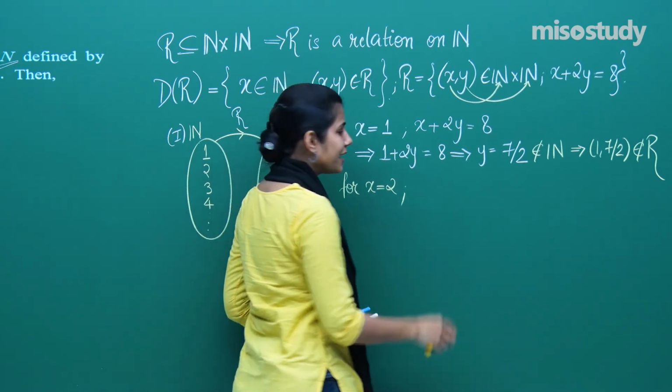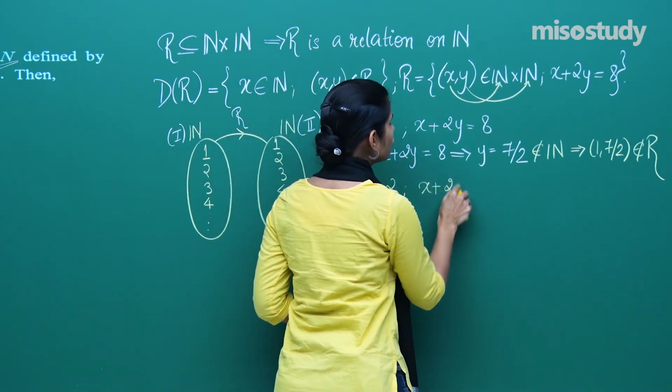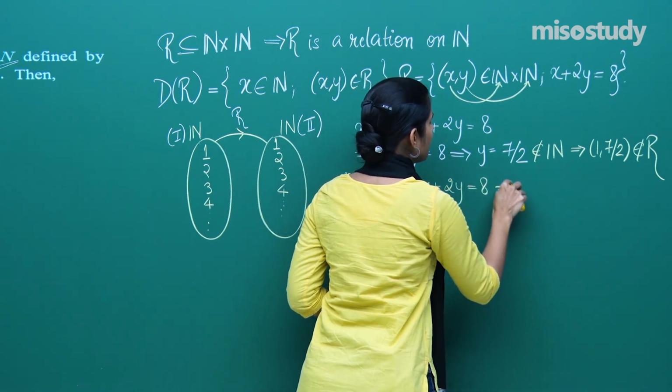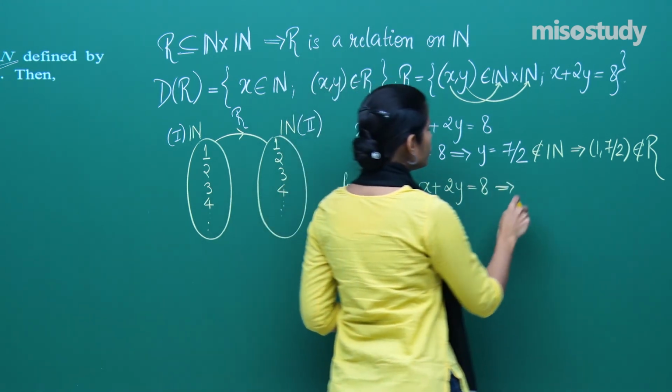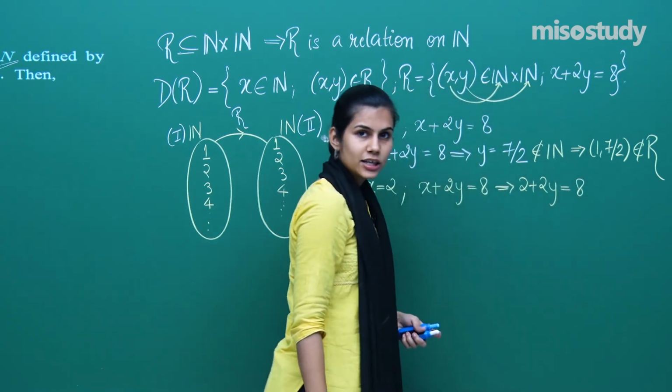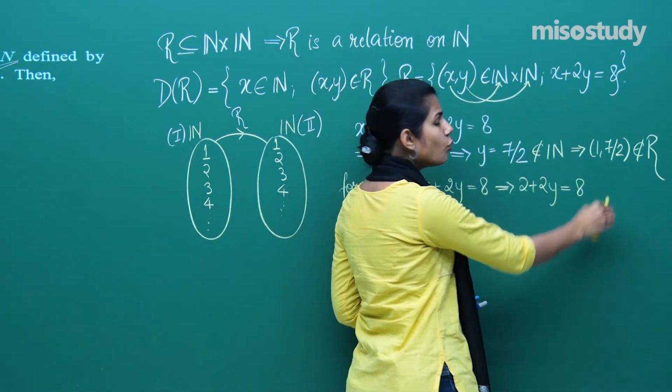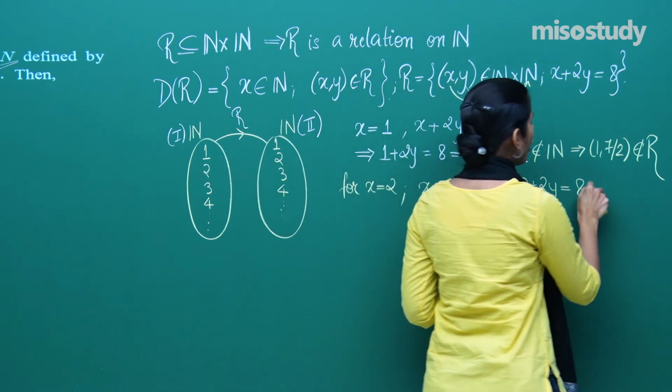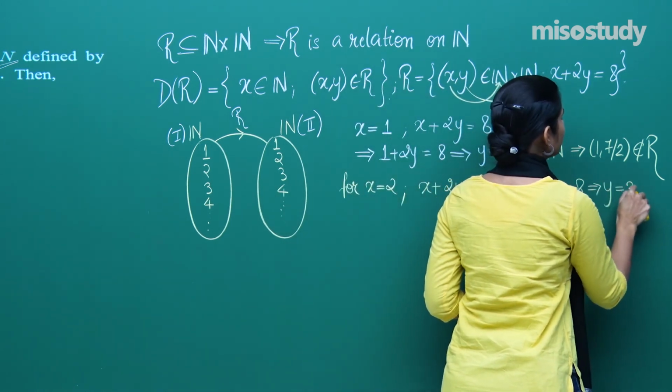I need a y which satisfies x + 2y = 8, by which I mean 2 + 2y = 8, which basically means 2y = 6 or y = 3.